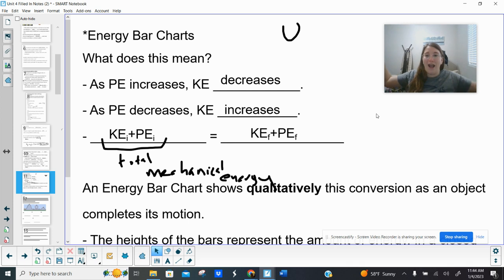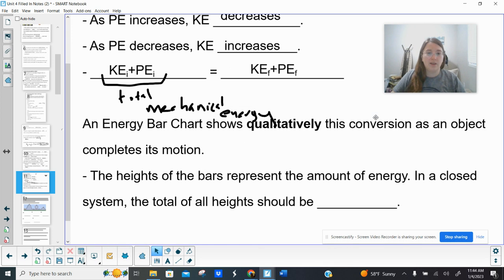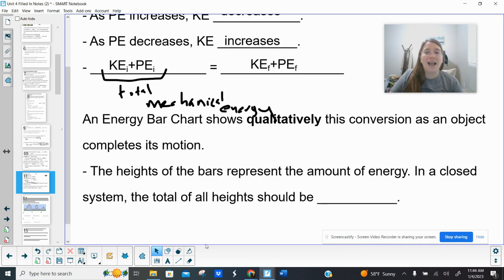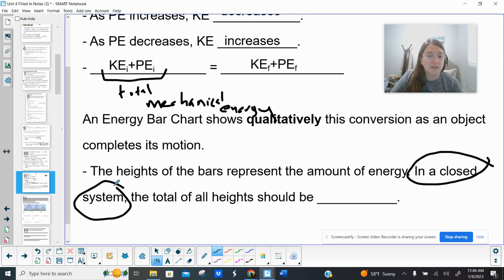It's not going away, it's staying in the system. So as long as it's a closed system, if there's nothing outside the system that can add or take away energy, we're going to make bar charts that show the kinetic versus the potential. The total of all of these heights should be constant because my total initial should equal my total final.